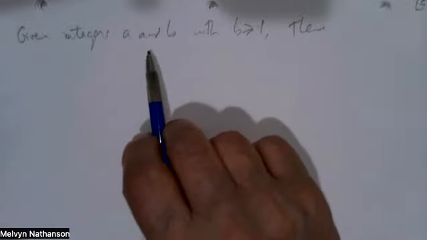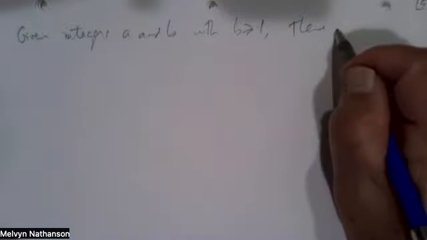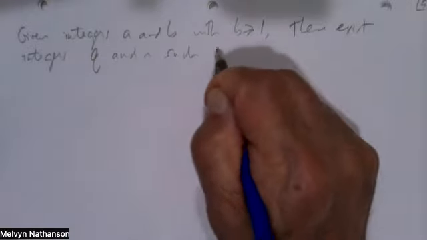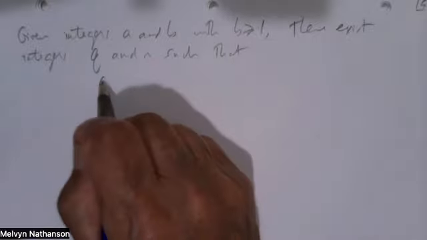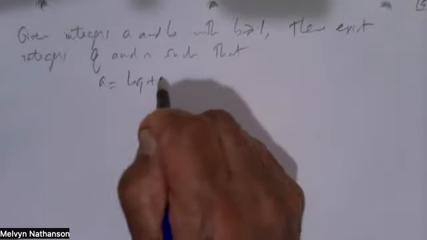But given integers a and b with b at least 1, there exist integers q and r such that a is bq plus r and r is greater than or equal to 0 and less than or equal to b minus 1.